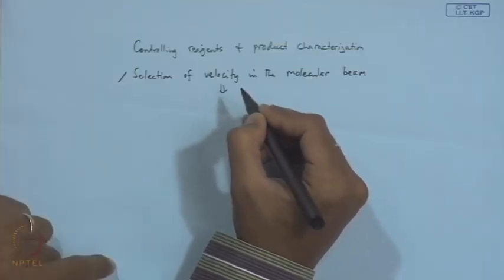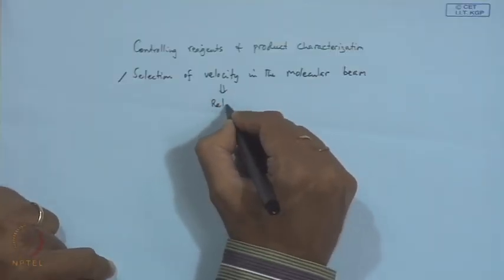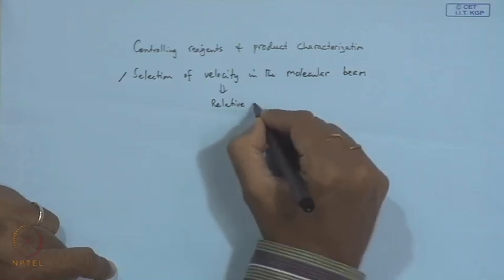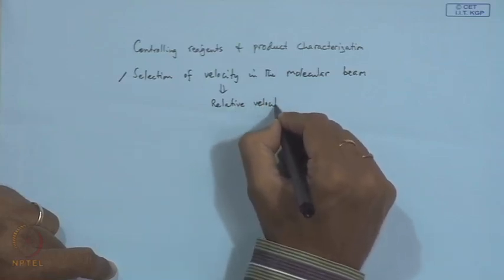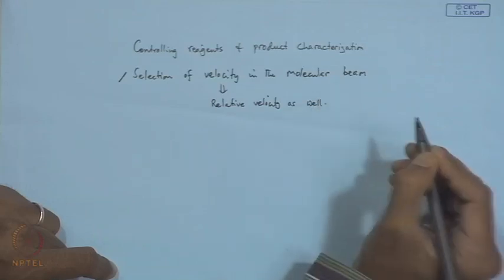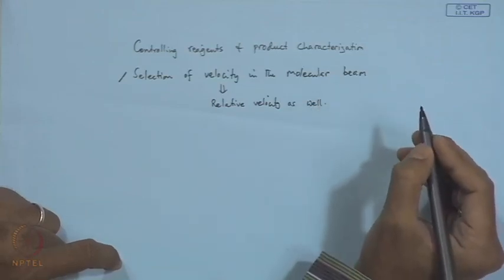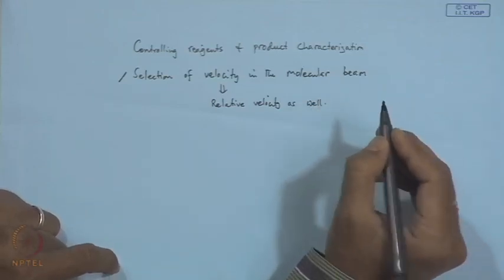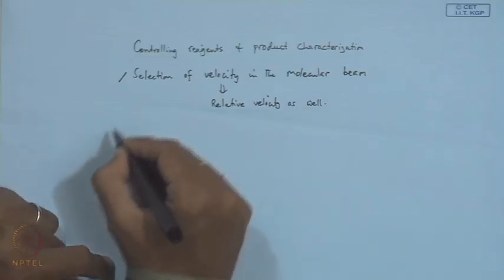Now, the way is like that. One thing is how to select the velocity. This selection of velocity may not be the absolute velocity, but it may be a relative velocity as well. Now, how to select the speed, I mean velocity?